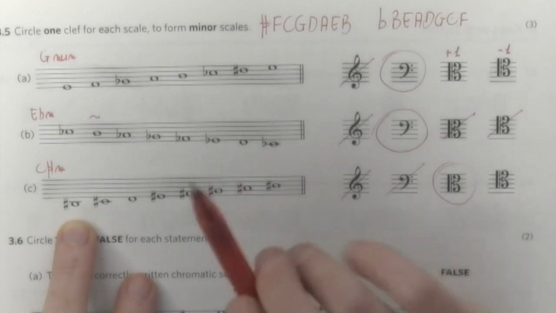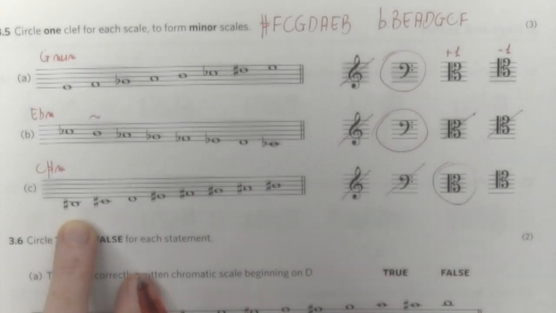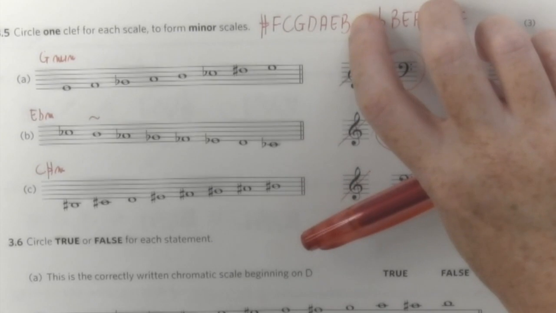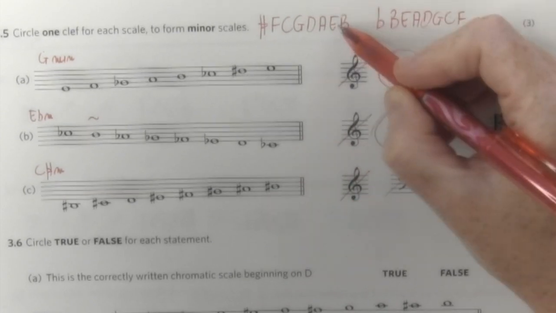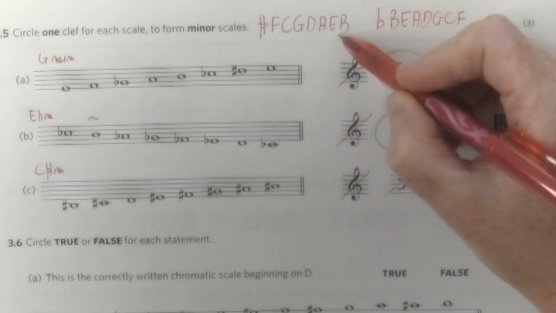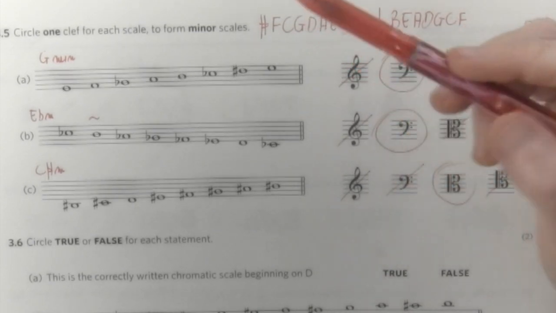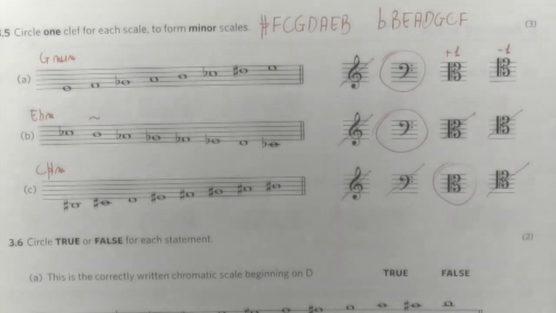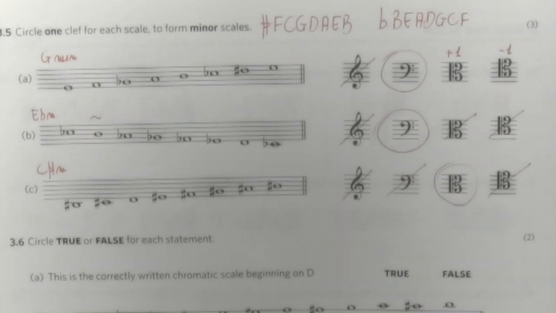So we don't see the double sharps here, so this is not possible. The last 2 scales, by the way, have double sharps because the leading notes are already sharp, so they have to be sharpened again. Okay, all sorted. Next one.